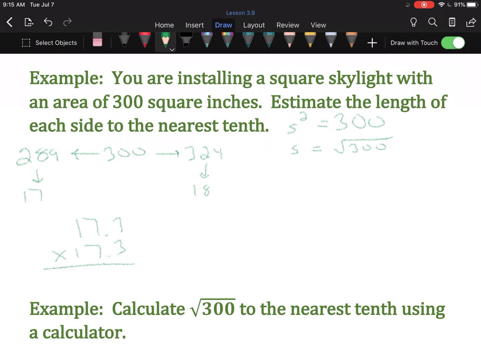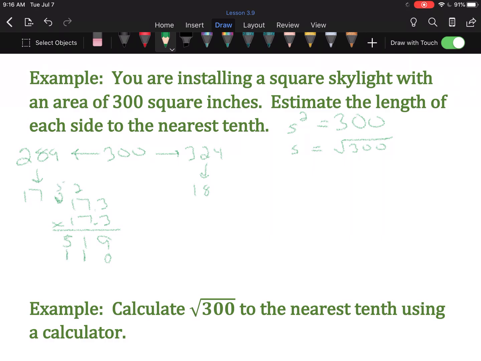I actually have to just work this out to check it. So I'm not going to have enough space to do that with where I wrote that. So let's see, 17.3 times 17.3. 3 times 3 is 9. 3 times 7 is 21. Carry the 2. 3 times 1 is 3 plus 2 is 5. Start with a 0. 7 times 3 is 21. Carry the 2. 7 times 7 is 49 and 2 is 51.